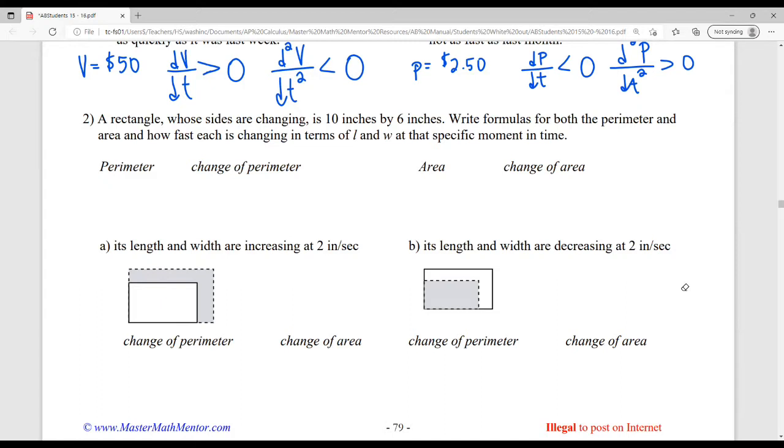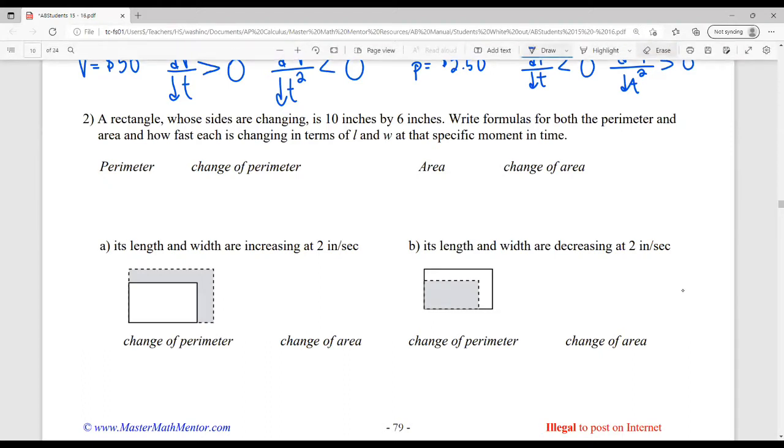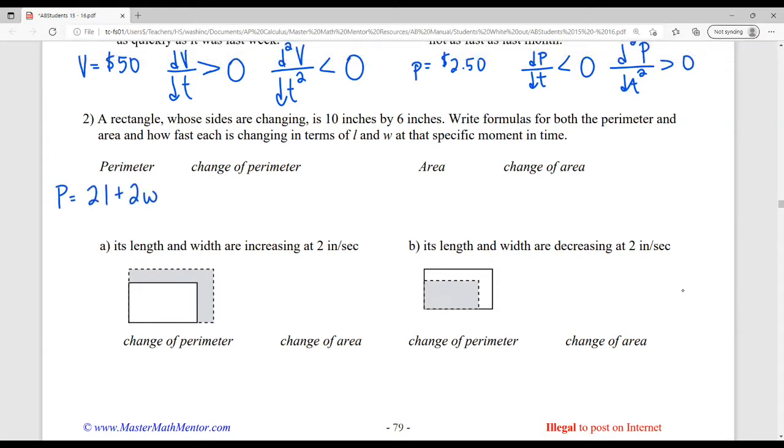So the perimeter of a rectangle is equal to 2L plus 2W. And how is that changing? We're going to use implicit differentiation to take the derivative of every single variable with respect to t, with respect to time. So like when we did implicit differentiation earlier, we did dx, and we didn't have to write that part.